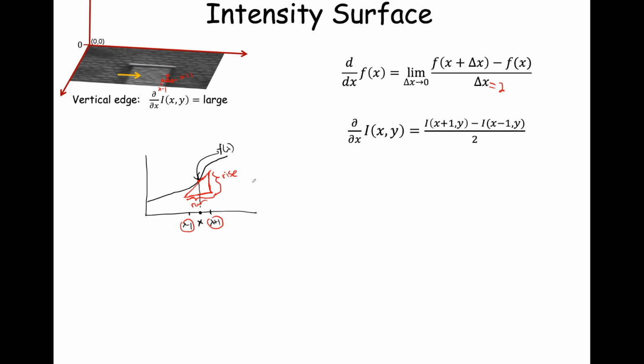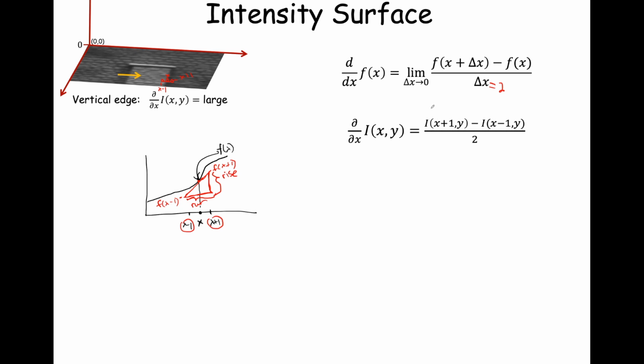So when we evaluate the function to find the rise, the rise is just the value of the function at the point to the right. That's f of x plus 1, minus the value of the function at the point to the left, that's f of x minus 1. That's exactly what I substituted here.